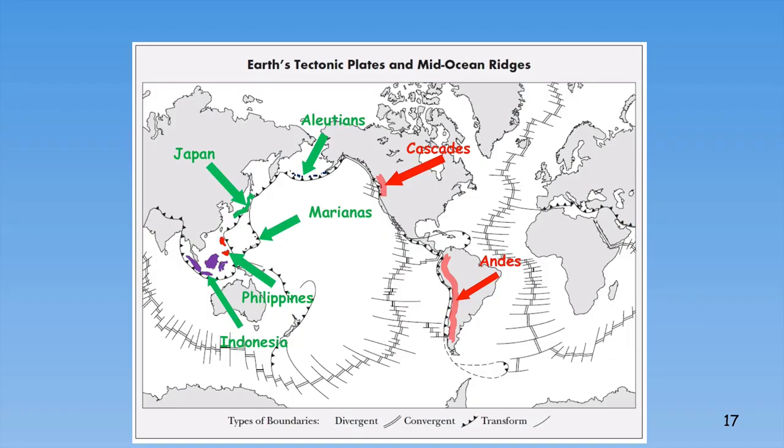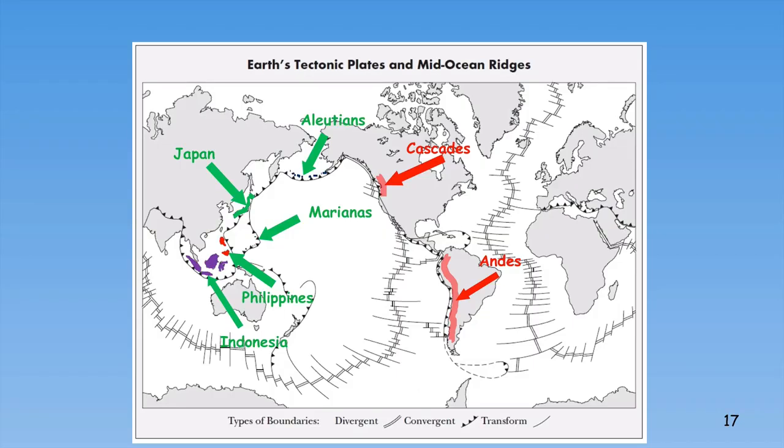So I think that the triangles have been drawn on the wrong side. Remember, in your convergence, you have one plate that subducts, and then the other plate is the one that has the islands. Okay? And the triangles normally on these converging boundaries point into the direction of subduction.